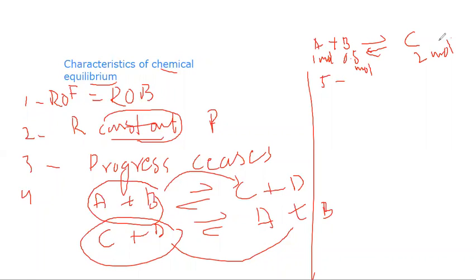This is the concentration of the reactants and products at equilibrium. Doesn't matter what is happening, in the reaction of A plus B and C, their concentration ratio always remains the same. Clear?